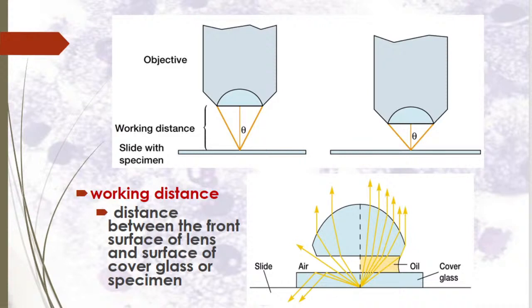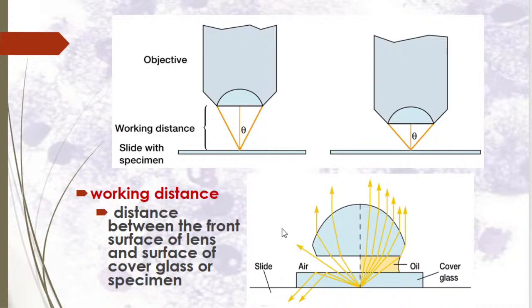That is the ordinary 90 and 100 magnification objective lens. This area is named the working distance: the distance between the front surface of the lens and the surface of the cover glass of the specimen.